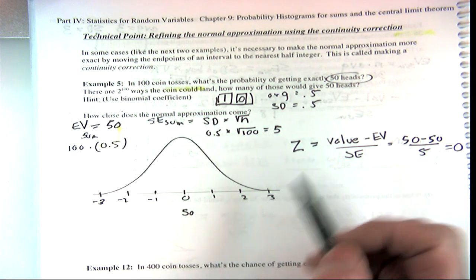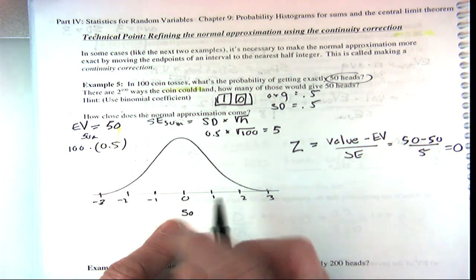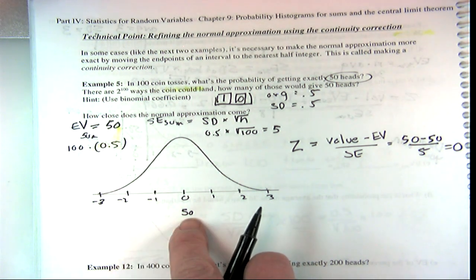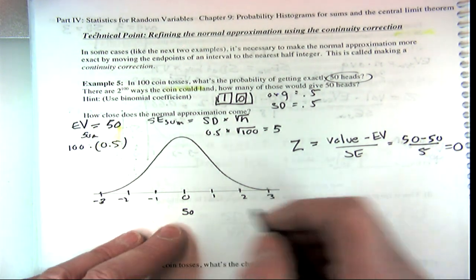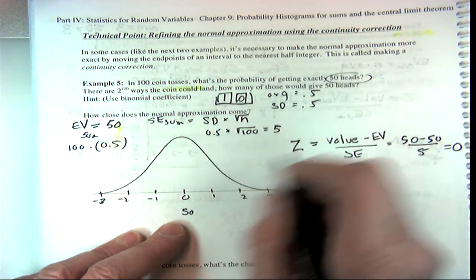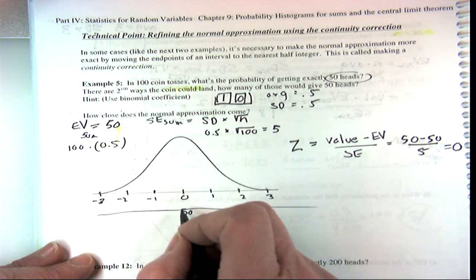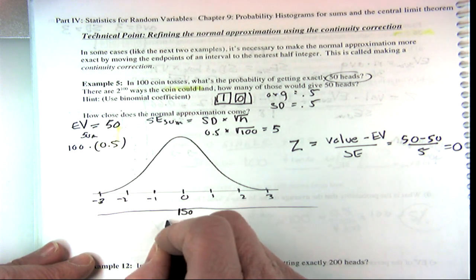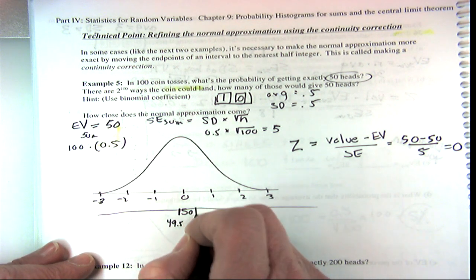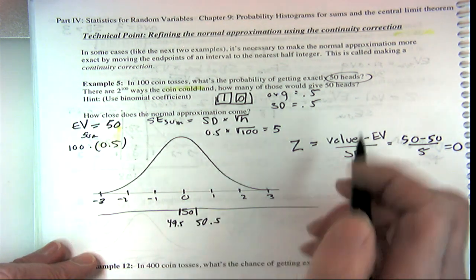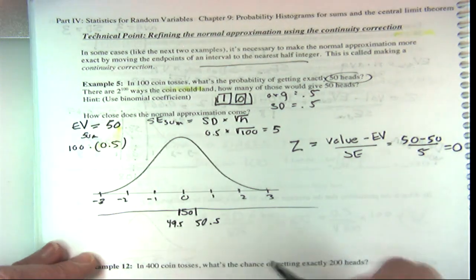So what we do is we try to create an interval of 1. Instead of 50, we make an interval on this axis that goes from 49.5 to 50.5. So that's the nearest half integer in each direction.